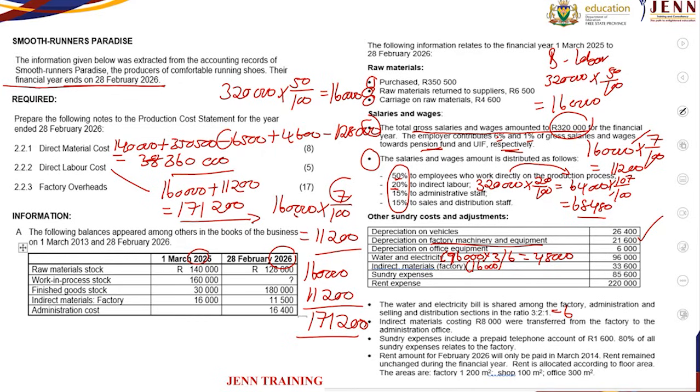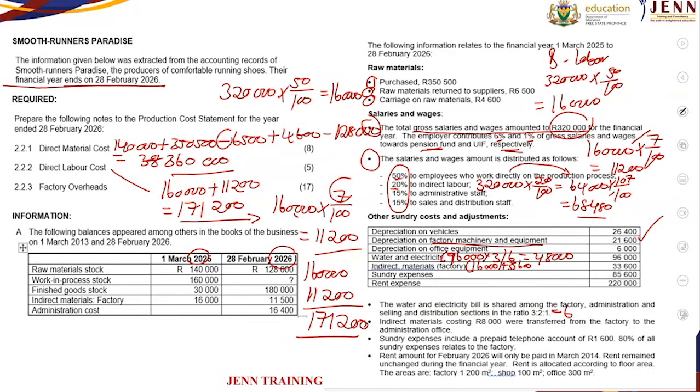So we are going to say plus the one that we have purchased. There is 33,600 of indirect material that was purchased. So therefore, we have to add it, 33,600.